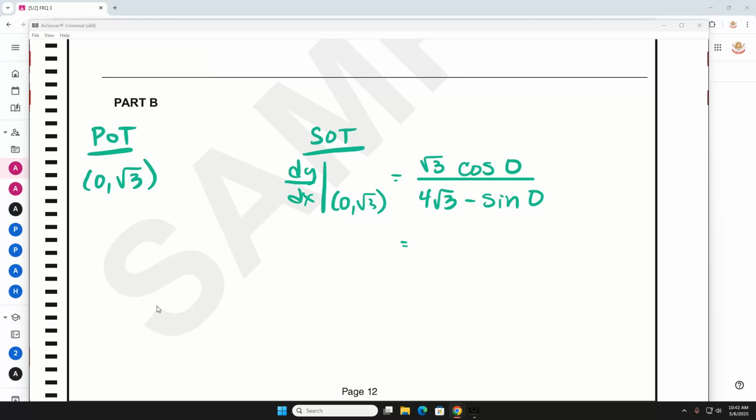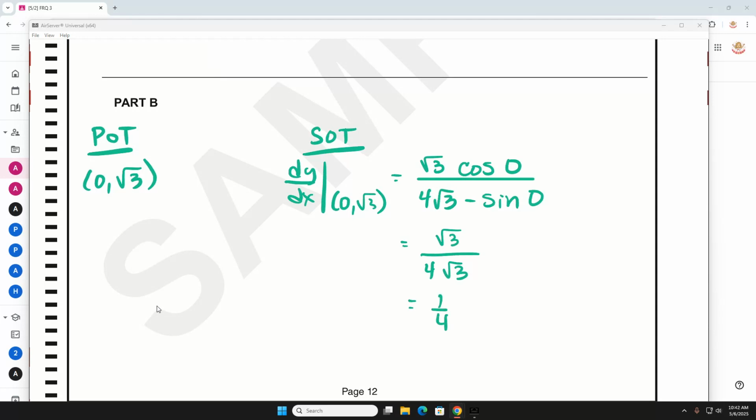Alright, so what is the cosine of 0? Just 1. So that numerator is going to be square root of 3 times 1, or just square root of 3. What about the sine of 0? It's 0. So what's our SOT? Oh, I messed up. Let me fix that. Alright, what's our SOT? Yeah, it wasn't a trick question.